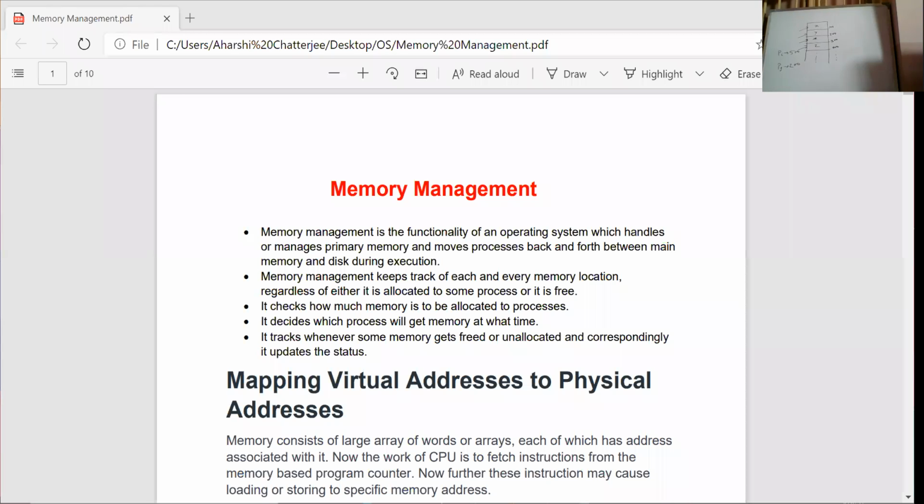From where will it come to primary memory? From the secondary memory, that is the hard disk. So from secondary memory to primary memory, from primary memory to CPU. Again from CPU it goes back to primary memory, and then if needed, that information will be flushed out to secondary memory.